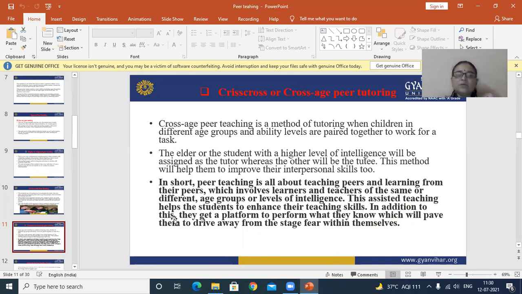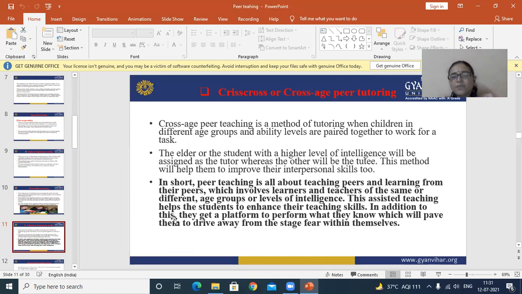The elder or the student with a higher level of intelligence will be assigned as the tutor, whereas the other will be the tutee. This method will help them to improve their interpersonal skills too.